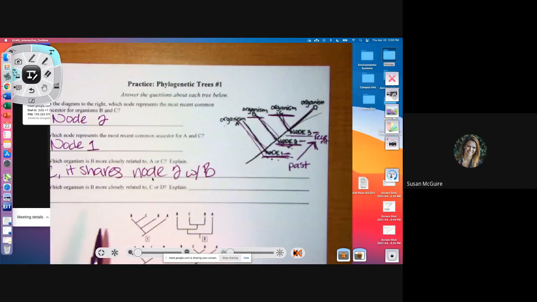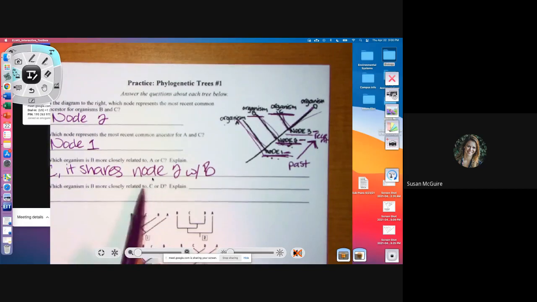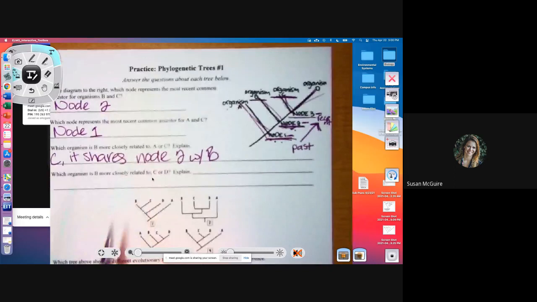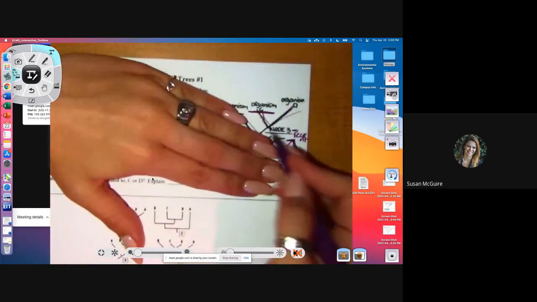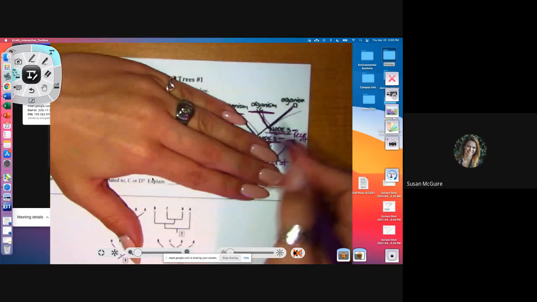Which organism is more closely related to B, C or D? So wait, C, it shows node 2. It's both, because both C and D came from node 3.